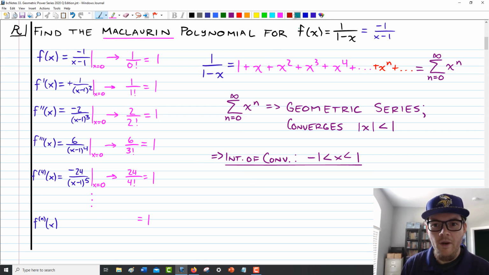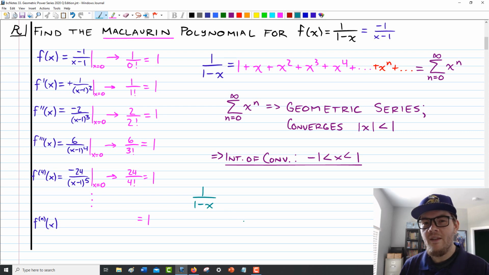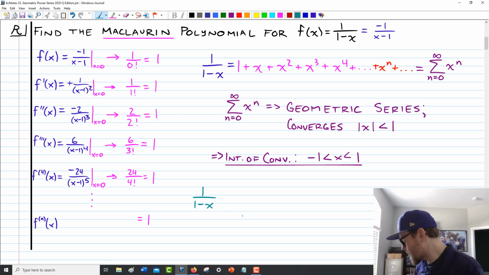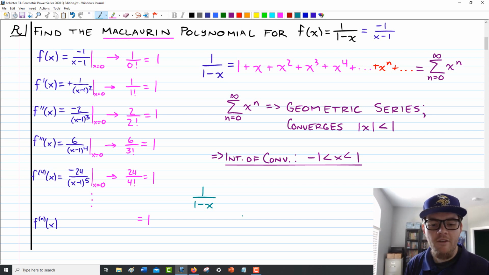By the way, the last thing I'll point out before we go talk about this and use this information to our advantage in the first example: this actually should look kind of familiar.